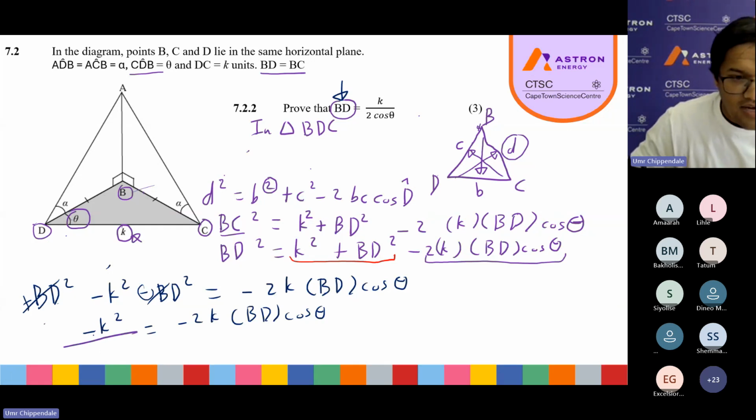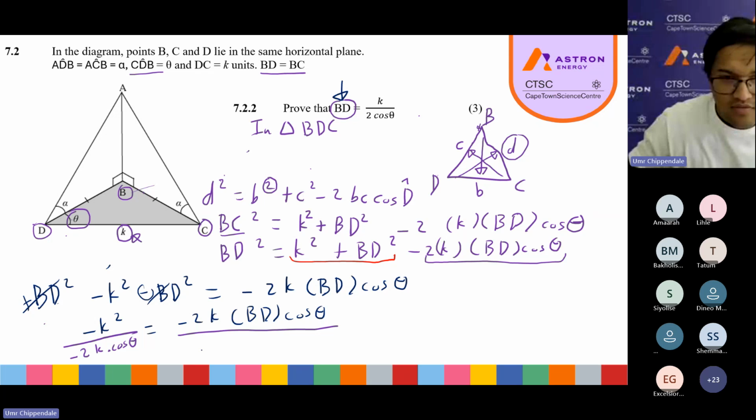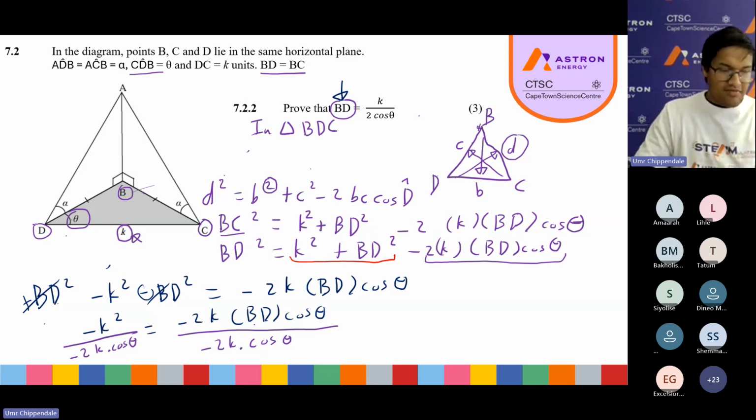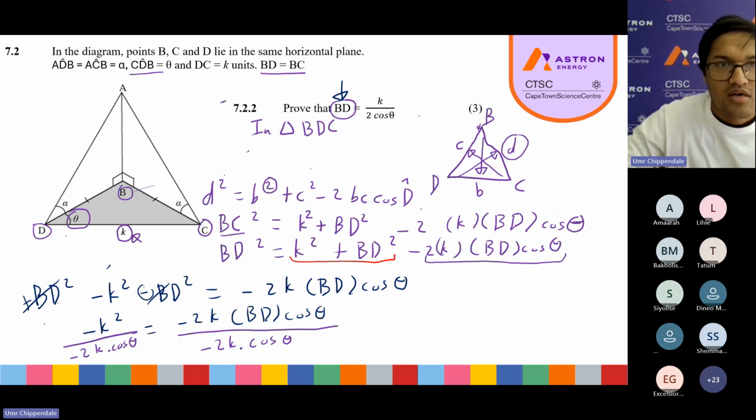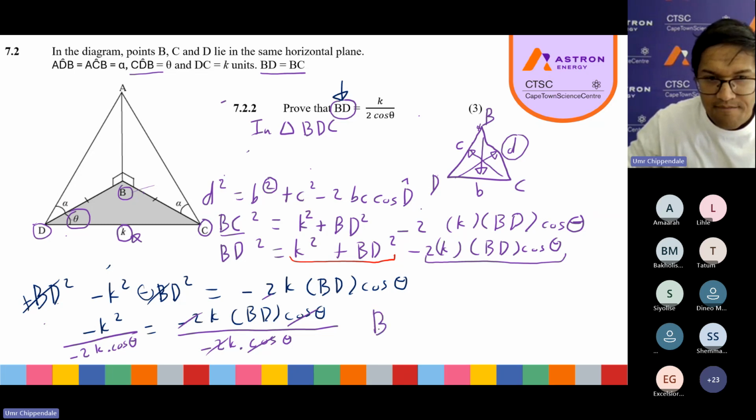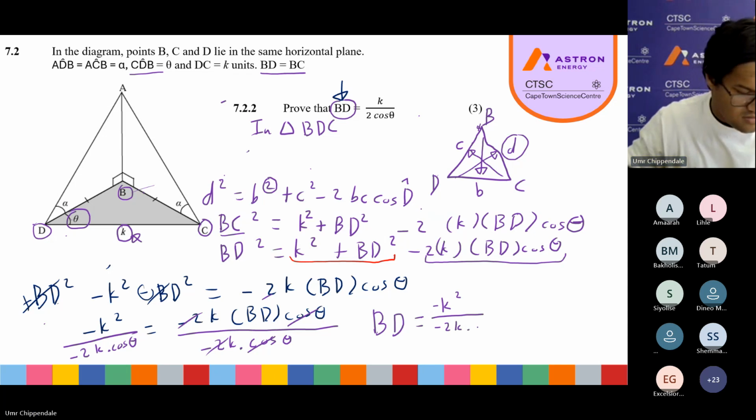So all of this is now going to be divided by negative 2k cos of theta, and this as well multiplied by negative 2k cos theta. This will cancel with this, and we'll have BD on its own. So we'll have BD is equal to k squared over negative 2k cos theta.